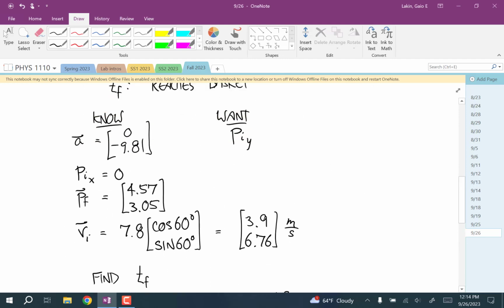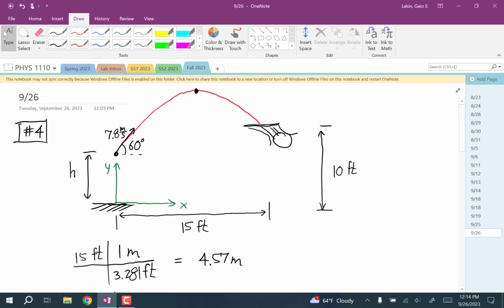But we're trying to figure out the displacement from where it starts to the highest point, not to where it goes through the basket. To draw this out, the displacement vector would be from the starting point to the highest point. So that's the vector we're trying to calculate, okay?